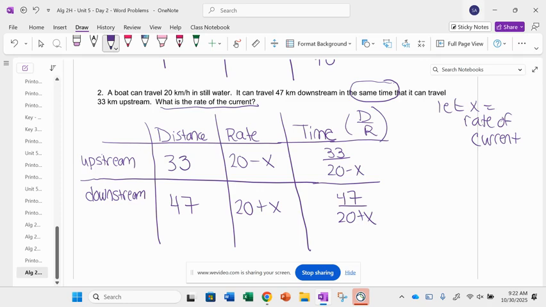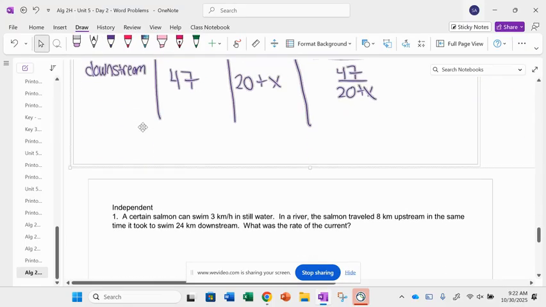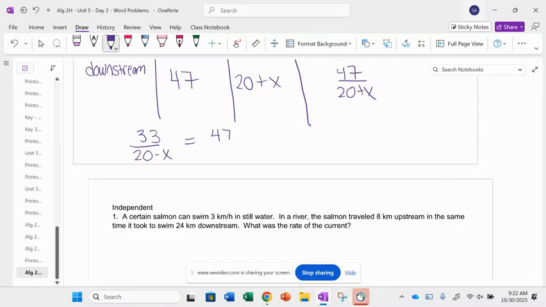It says a boat can travel 47 kilometers downstream in the same time that it can travel 33 kilometers upstream. So what should I do with their two times? It says in the same time. Set them equal. So we're going to have 33 over 20 minus x is equal to 47 over 20 plus x.